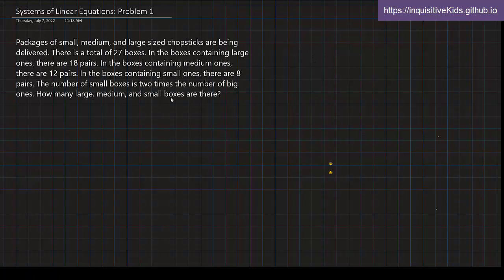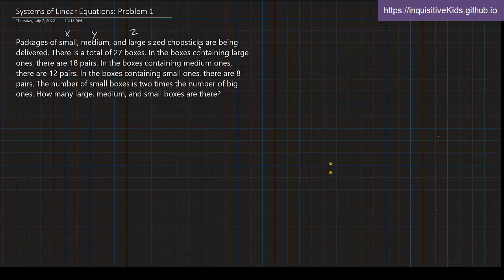So the first thing is to always identify the variables and then write out equations from them. There are three variables, right? X, Y, and Z. We don't know how many of those boxes we have.